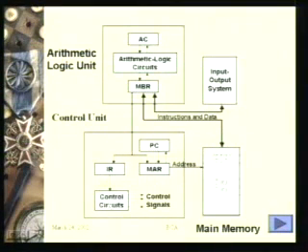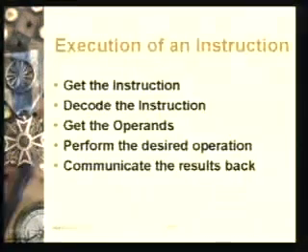The operation code of the instruction will be used to determine what operation is to be performed, and in addition the rest of the instruction will be used to determine where exactly the operands are and how to get them.